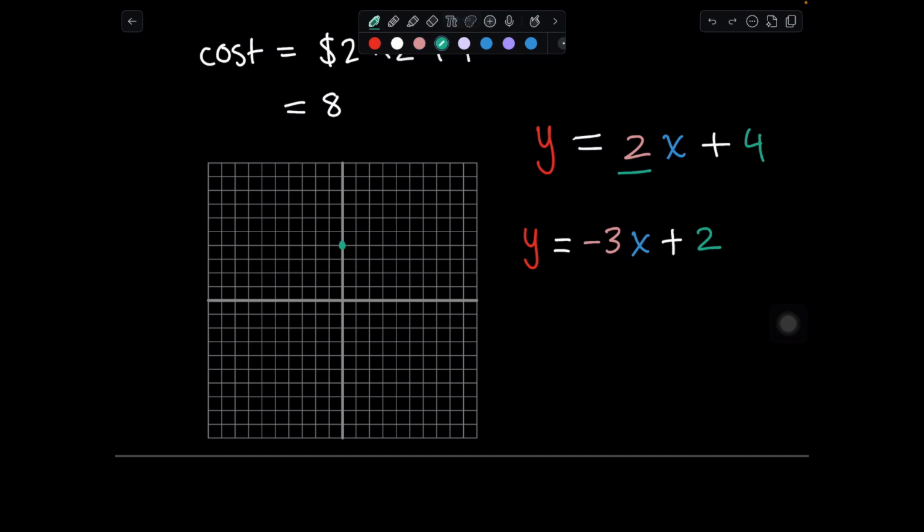So you can see how our new y-intercept is 2, goes through that point. Now the only difference is our gradient is -3, which means it goes down by 3 for every 1 that it goes across. So if we count, we get 1, 2, 3, and 1 across. So that's our next point. If you just connect those 2 points together, you get your graph.